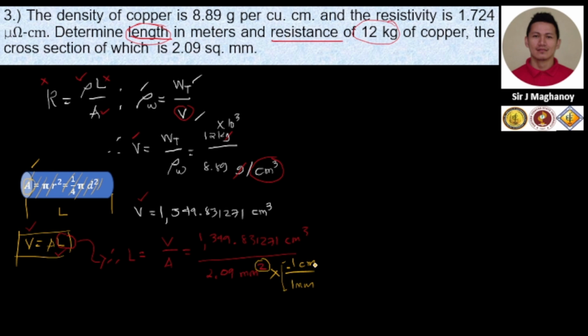So we give it a power also. We need to cancel out common units. We cancel out square millimeter, and the remaining unit is square centimeter. Square centimeter in the denominator cancels with cubic centimeter, and the remaining unit in the numerator becomes centimeter alone.